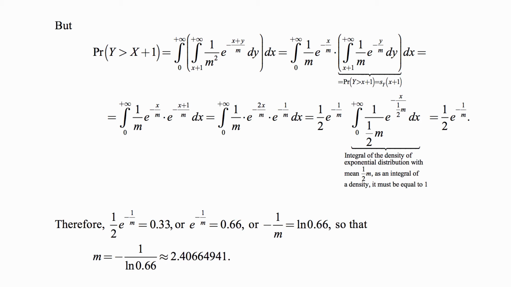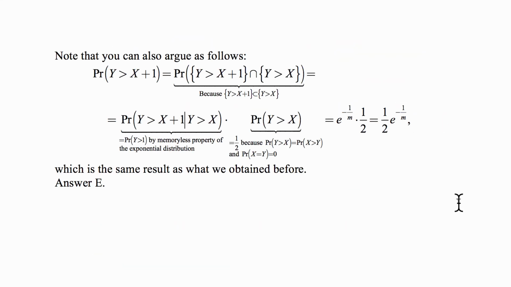Therefore, one half e to the minus 1 over m is equal to 0.33, or e to the minus 1 over m is 0.66, or minus 1 over m is the natural logarithm of 0.66, so that m must be equal to minus 1 over the natural logarithm of 0.66, which is approximately 2.40664941. So we actually know that the answer is E.